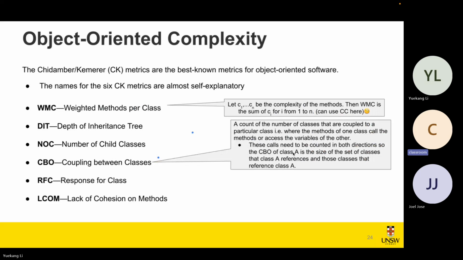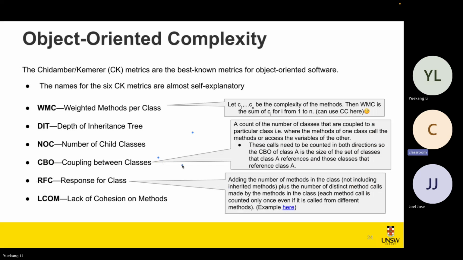And if this class calls a method inside another class, then it's also counted as a coupling here. So basically, we just count the number of classes that are coupled with this particular class we are looking into here. So this is the second metric here.